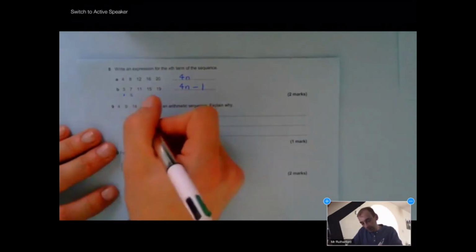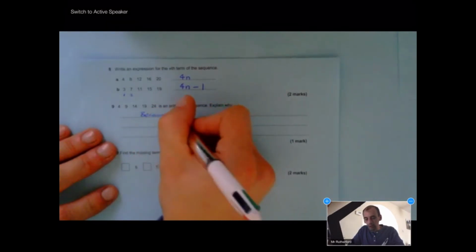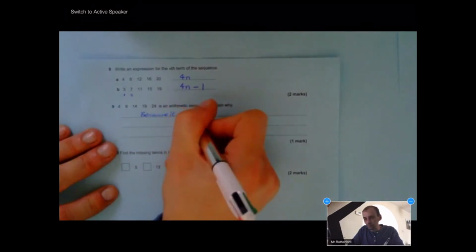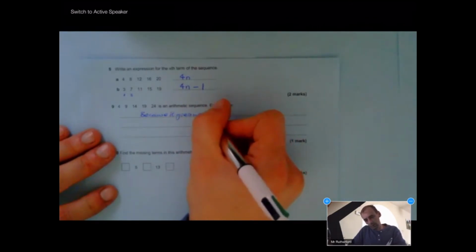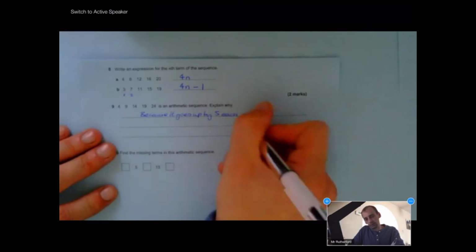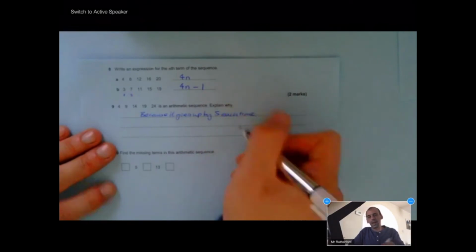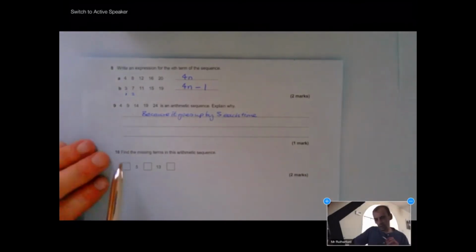So all we need to write down is because it goes up by the same amount each time, or it goes up by 5 each time. If you've put anything that resembles that or implies because it's going up by the same amount each time, then you get that mark.